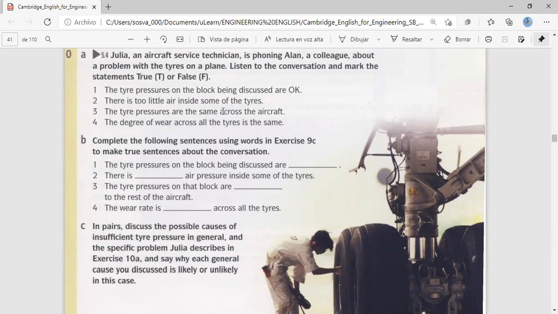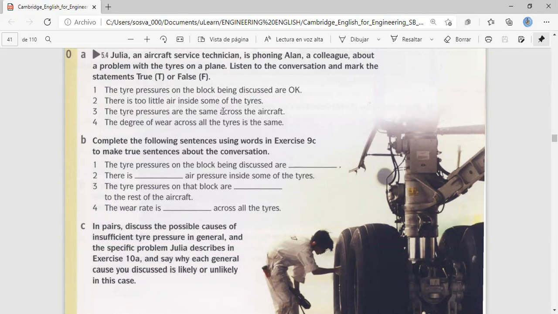Number one, the tire pressures on the plane being discussed are okay. Number two, there is air inside some of the tires. I thought these tires were filled with nitrogen, but I understand it is air.